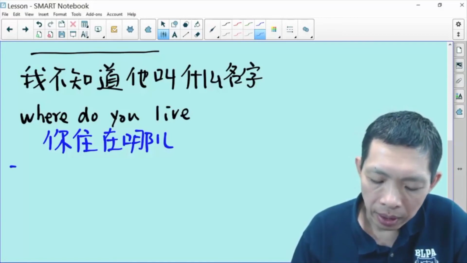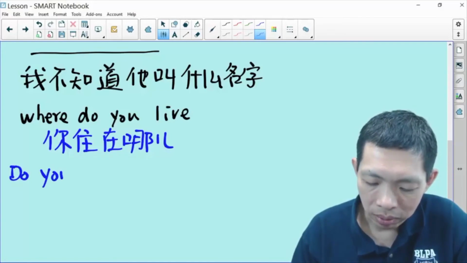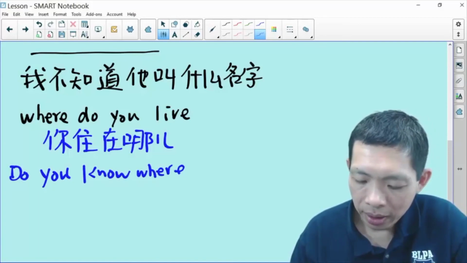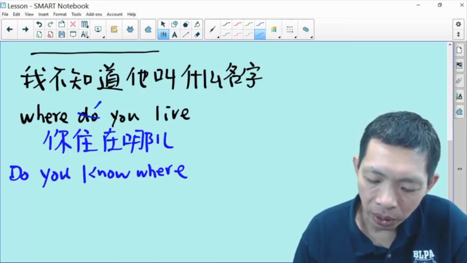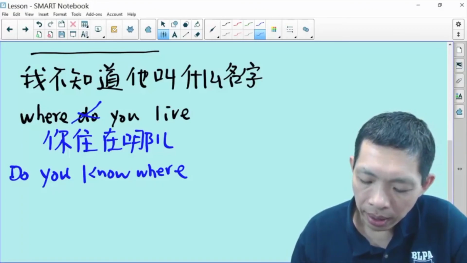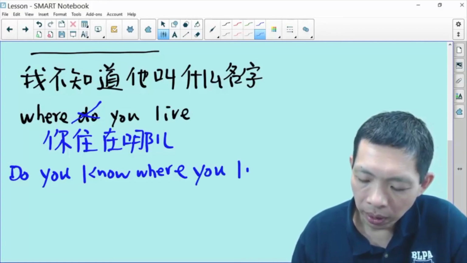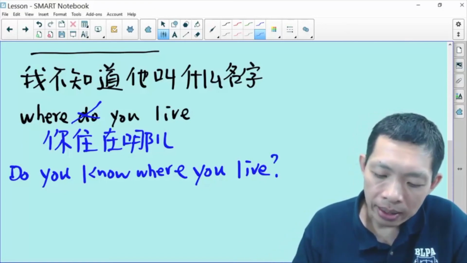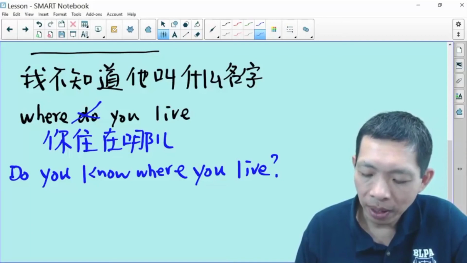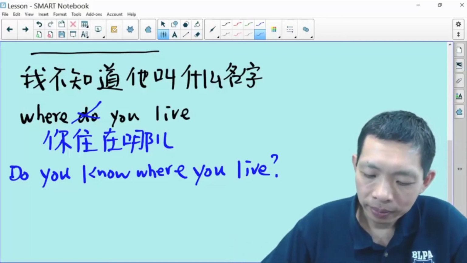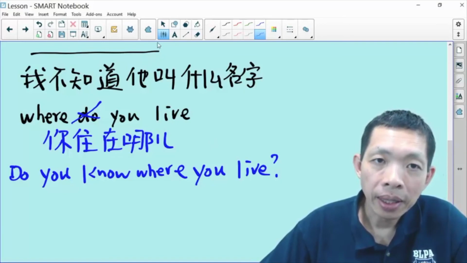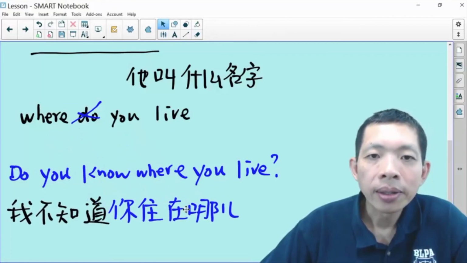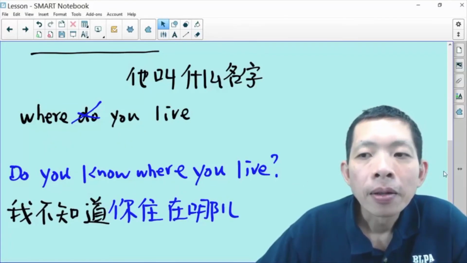But if you want to say, do you know where you live, in English you have to get rid of the word do and then say you live. We cannot say where do you live and keep the same thing. While in Chinese, you simply say 我不知道你住在哪儿.